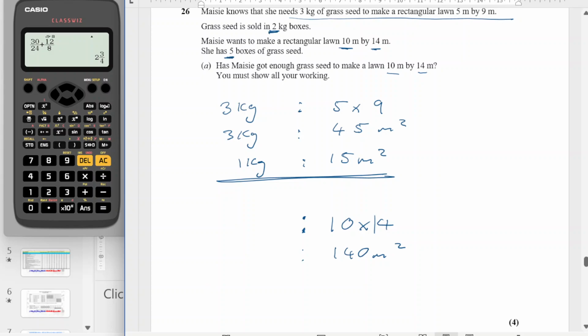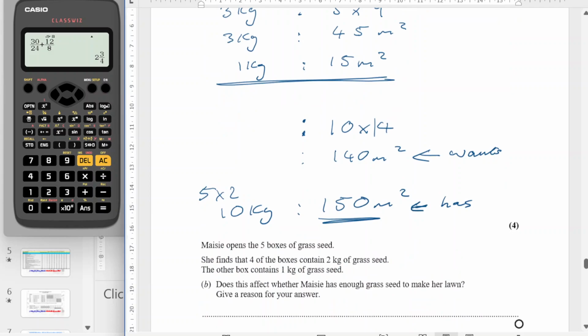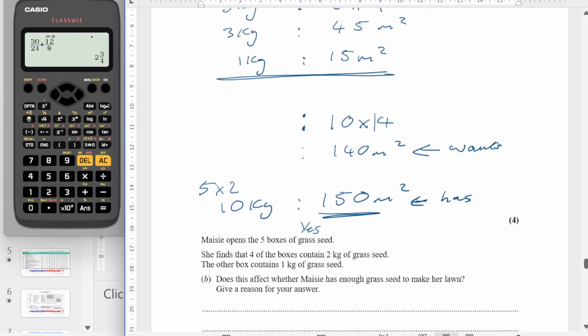So she's got 5 times 2, 10 kilograms of grass seed. So she's got enough to cover 150 meters squared. So has she got enough? Yes. She has enough.